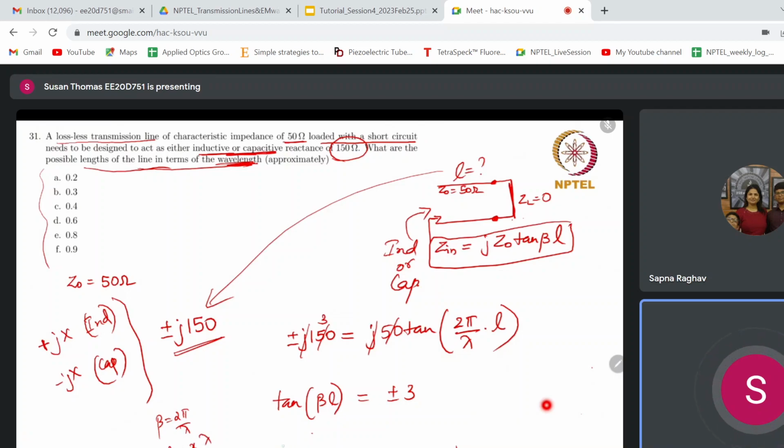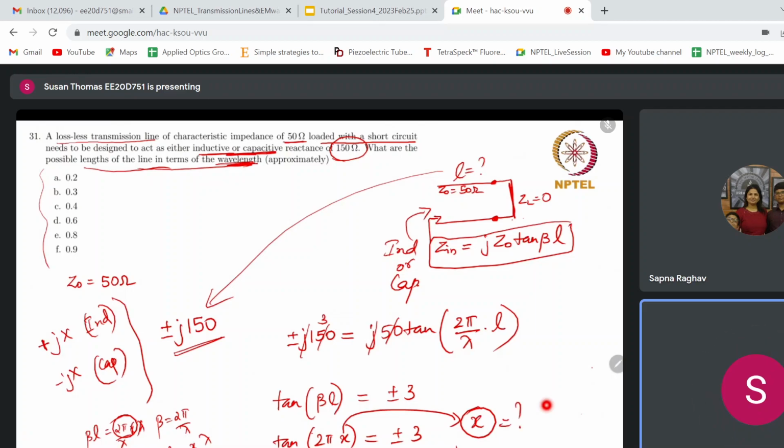So what will beta L be? 2 pi by lambda into x lambda. Lambda gets cancelled, so it is 2 pi x. So tan of 2 pi x is equal to plus or minus 3, for which what are the possible values of x?